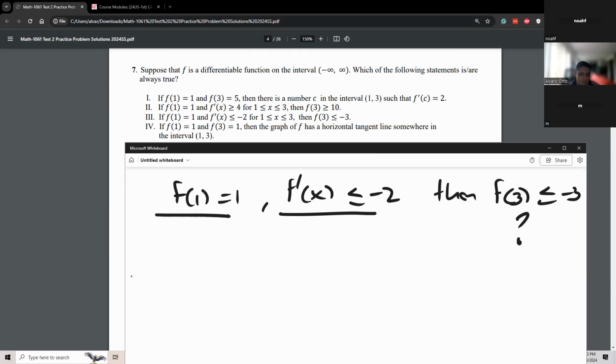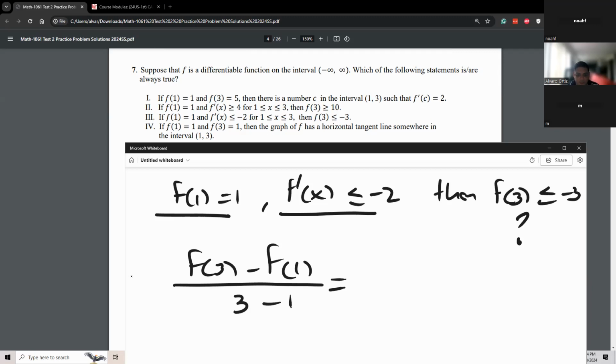Well, the mean value theorem says f of 3 minus f of 1 over 3 minus 1 should equal a certain value f prime of x, and that x should belong to the interval 1 to 3. But notice that we have information about f prime of x: we know that this is always less than 2. So we have this inequality.